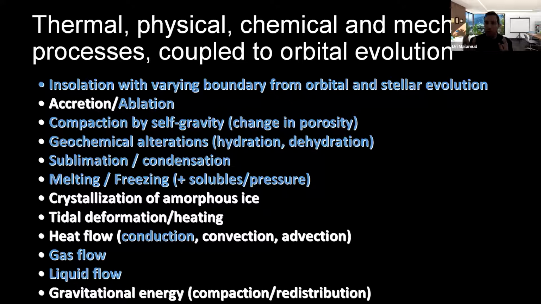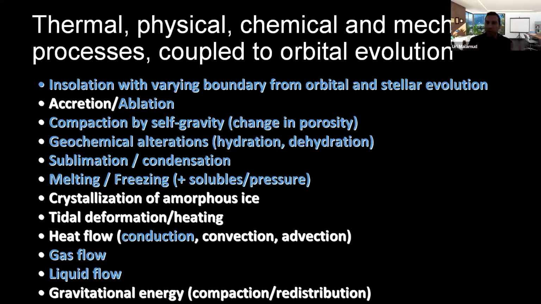We were actually the first to introduce these geochemical reactions in a self-consistent model. And also the mechanical processes, because remember the flow is initiated inside a pore space, but once something becomes hotter, it becomes more susceptible to compaction as a result of the increase in temperature and the pressure by self-gravity.